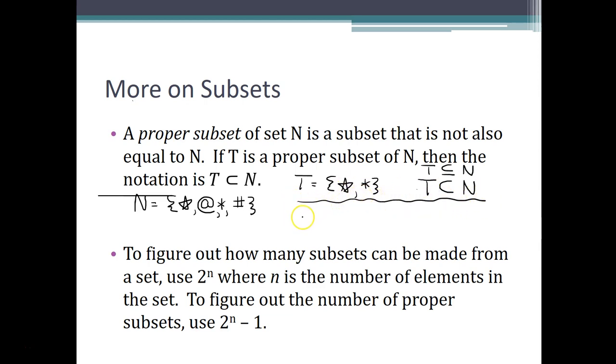But let's say we have a set called V, and it contains asterisk, pound, at symbol, and star.